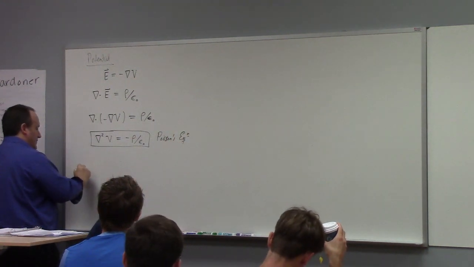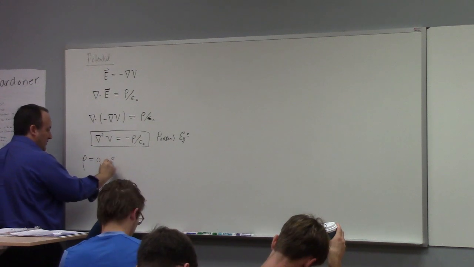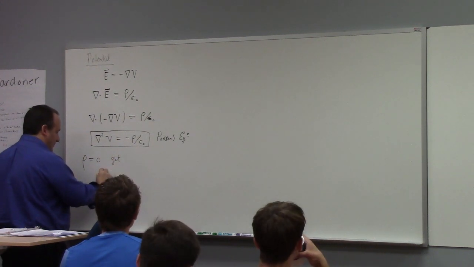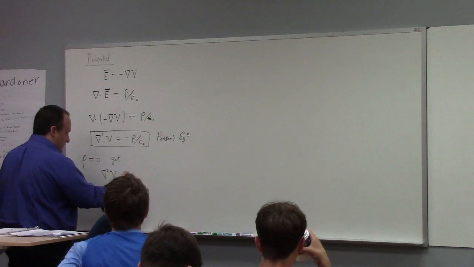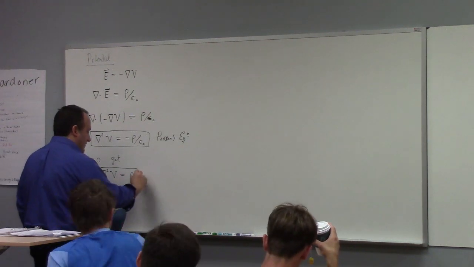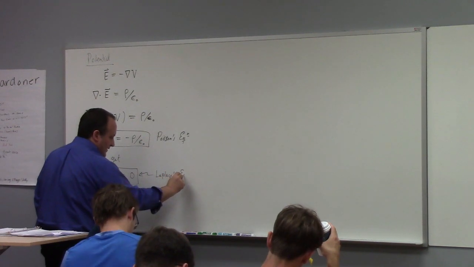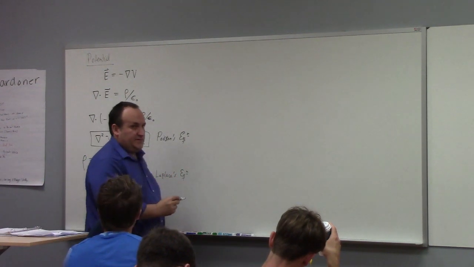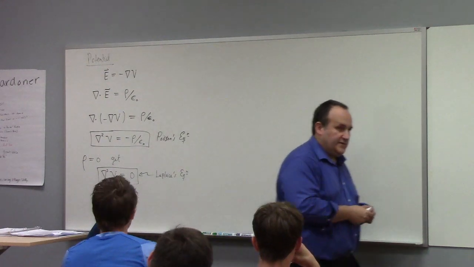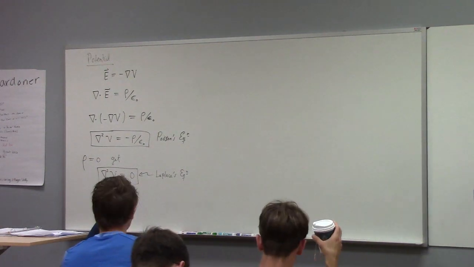In the case that the charge density is equal to 0, you get nabla squared of the voltage is equal to 0. This is known as Laplace's equation. So Laplace's equation is Poisson's equation in the absence of charge. Now, what does that actually look like?